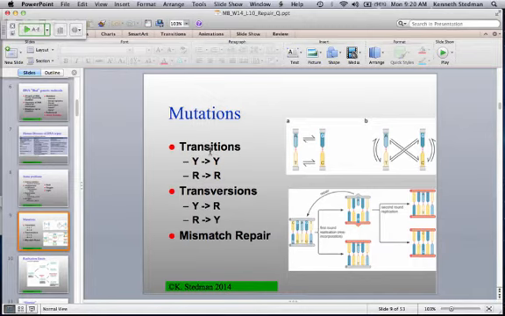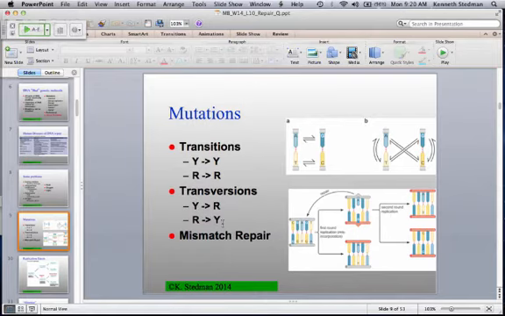The way that most people look at these, Y is for pyrimidine, so this could be cytosine or thymidine, or the purine, which could be what? Adenine or guanine.